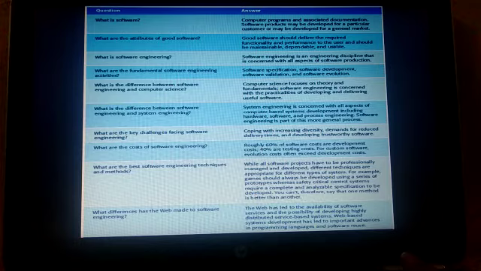Also the difference between software engineering and system engineering, the key challenges and the crisis faced by software engineers throughout the world, the cost of software engineering, the best software engineering techniques and methods, and the difference which the web has made to software engineering, which led to the availability of software services and the possibility of developing highly distributed service-based systems. Some of the questions I have lined up here with answers. You can just go through this slide.